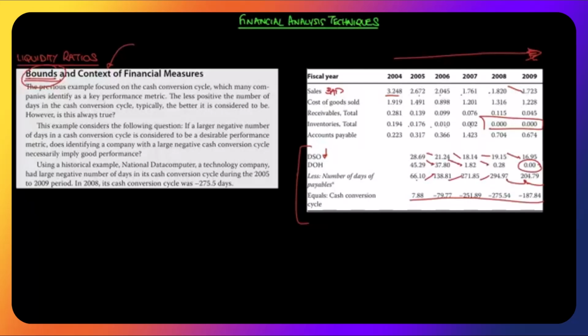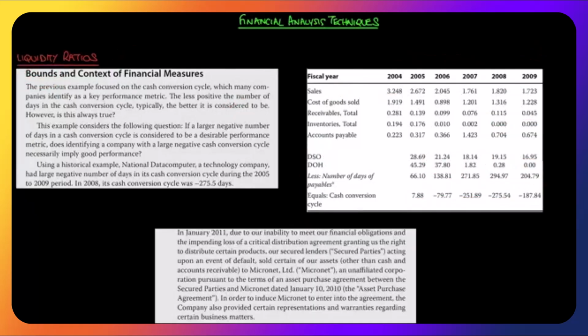This just looks awful. So, previous example, cash conversion cycle, key metric, the less positive, the better it is. That's what we said for Apple. However, a large negative number here probably is not a good performance. What's going on? Here we are. This was in their next 10-K in January 2011. So things roll on.